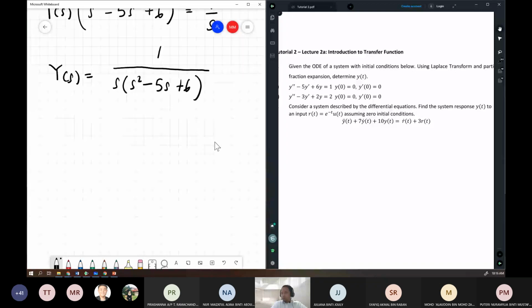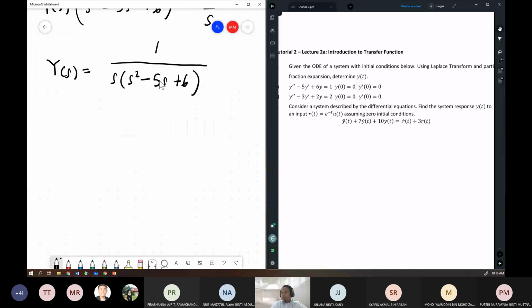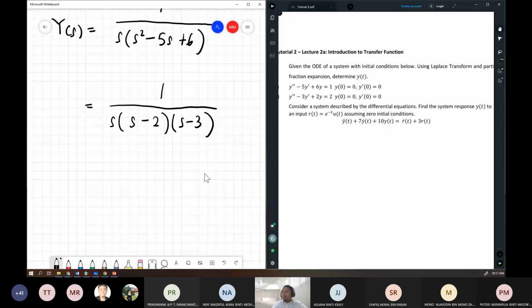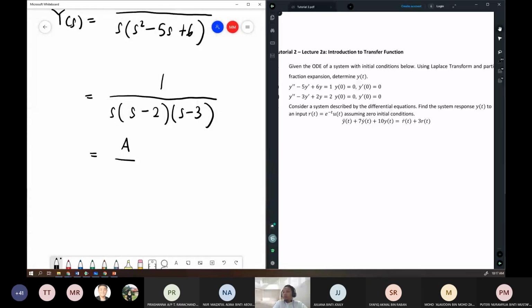And then from here you can factorize the denominator before you can apply partial fraction expansion. So after you factorize, then you can apply partial fraction expansion.